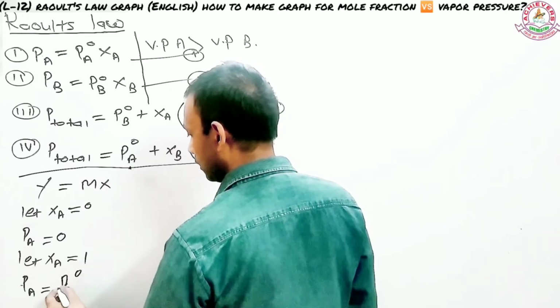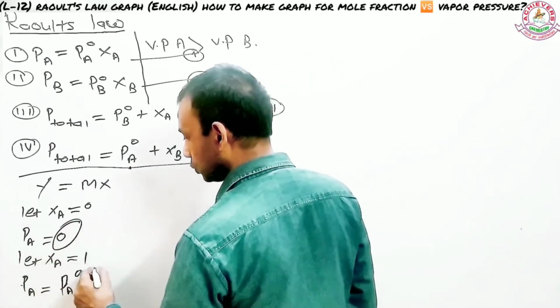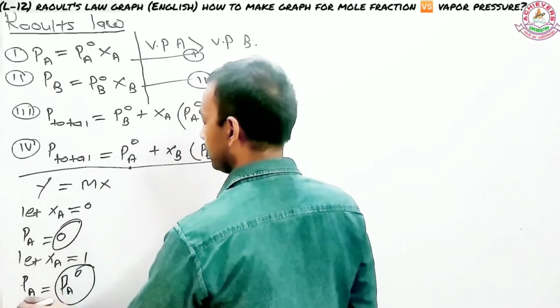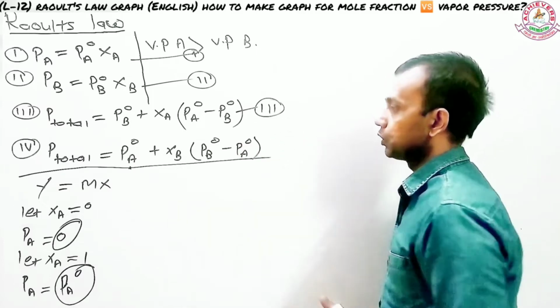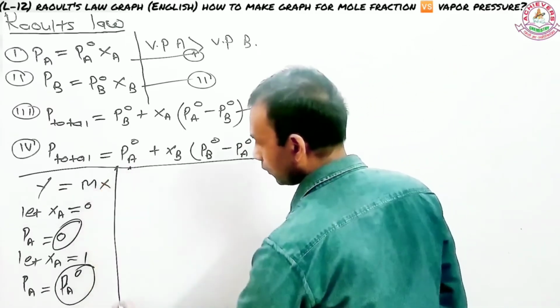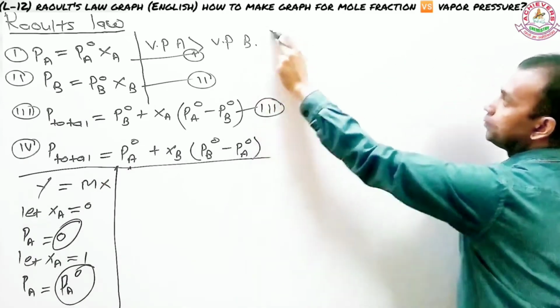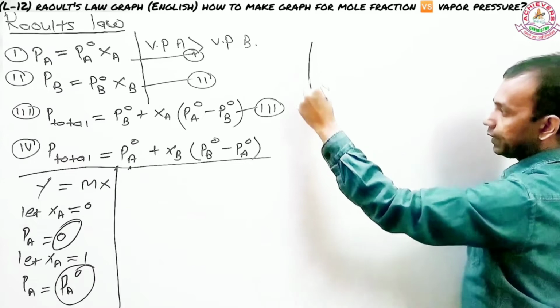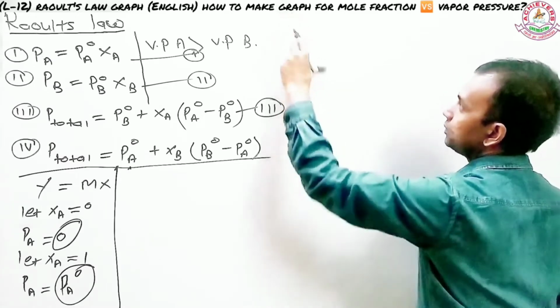So this is the value coming up. So what we have done now, we have these two values for XA and PA, and we'll be making a graph for Raoult's law. So let's concentrate here. This is your first condition which is going to be fulfilled here. So I'm taking this graph right here. This is your y-axis. It doesn't seem to be straight.